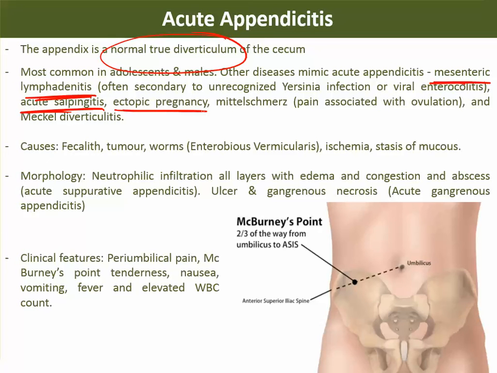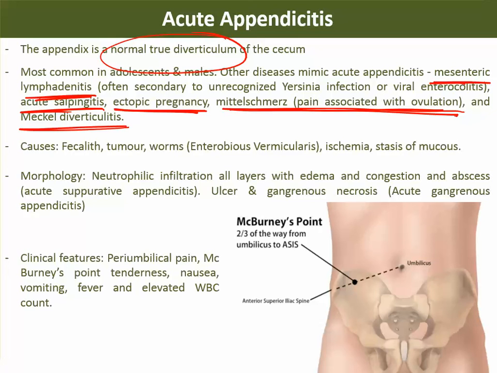And ectopic pregnancy. When the pregnancy happens in the ovary or tube, it will produce the same clinical features as acute appendicitis. And pain during ovulation, it is called Mittelschmerz sign, and it also looks like acute appendicitis pain.